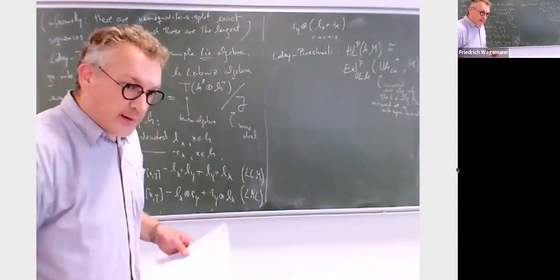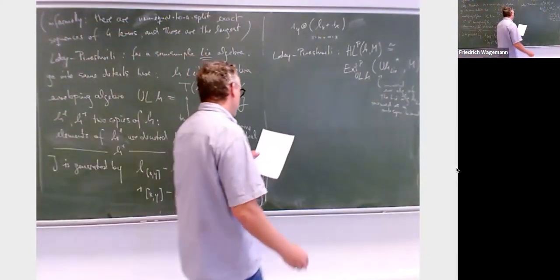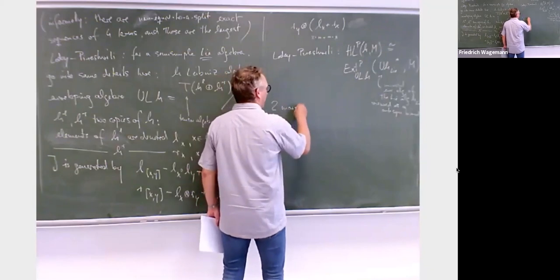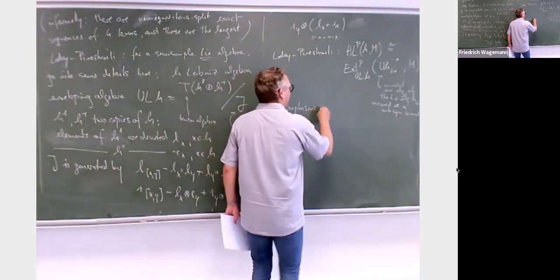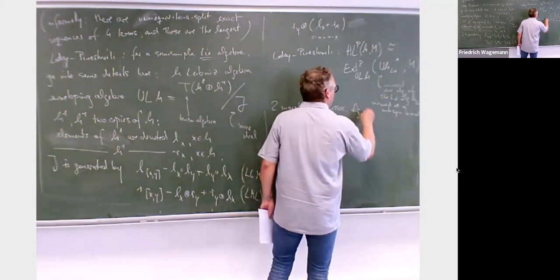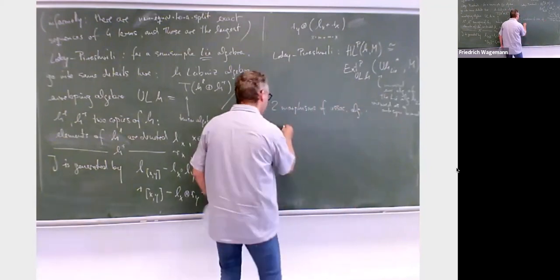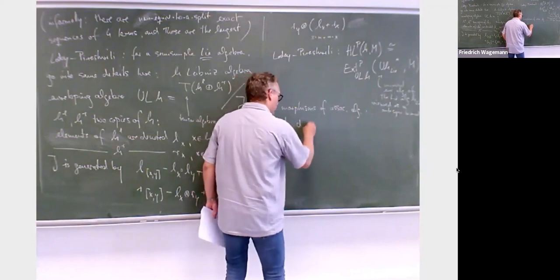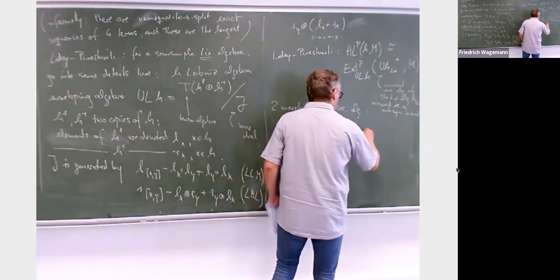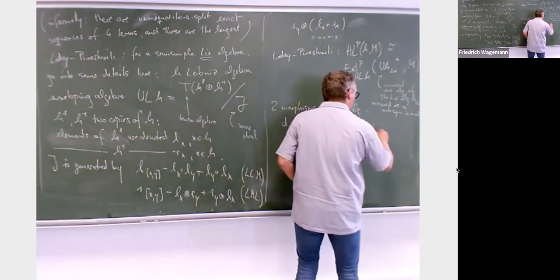And so now you have two morphisms of associative algebras, D0 and D1, from UL of H to U of H Lie.